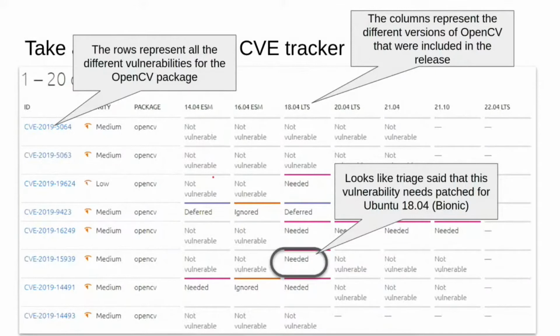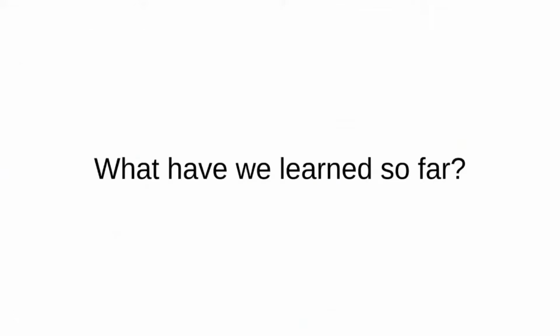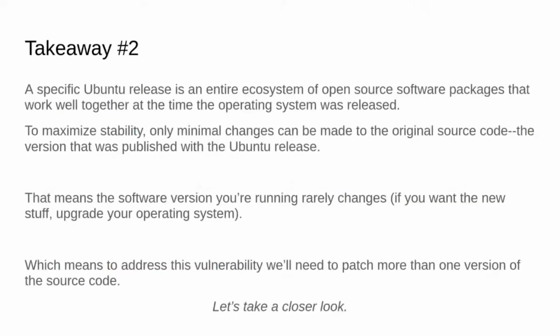If you do an APT upgrade, you're going to upgrade that version of OpenCV, and all this means is that this one's not vulnerable, this needs an update, and this one's not vulnerable. The triage process by the security team said, hey, we recognize we actually do need to update the source code here. So that's how to understand what the CVE tracker is and what it means to you.